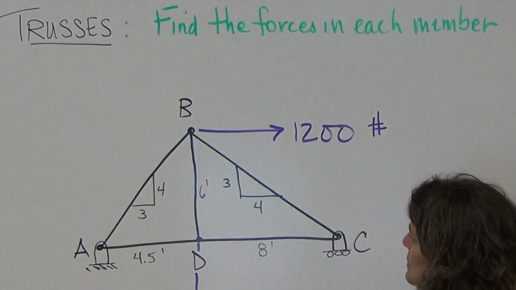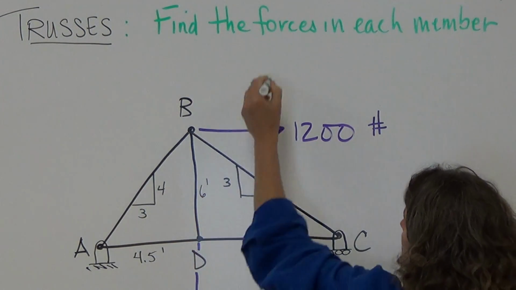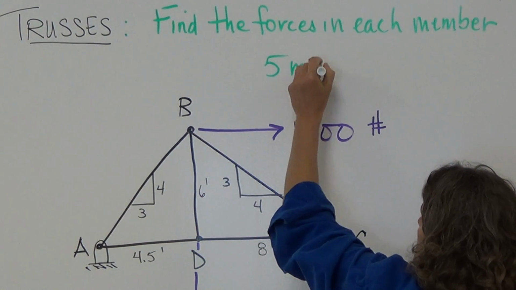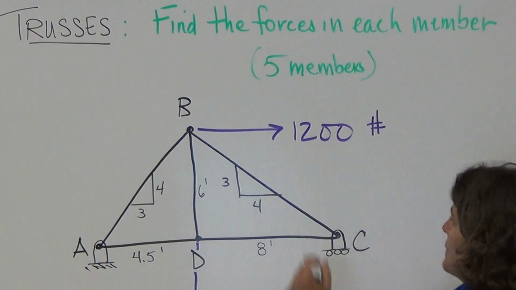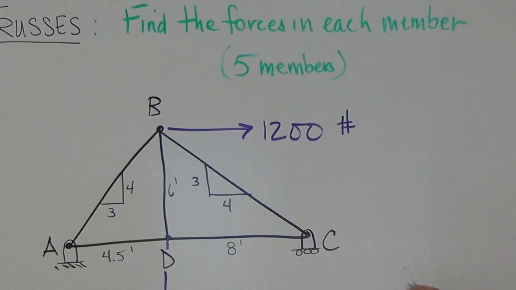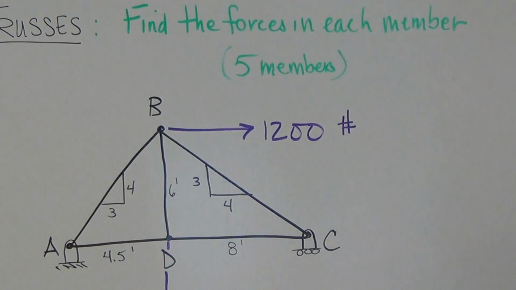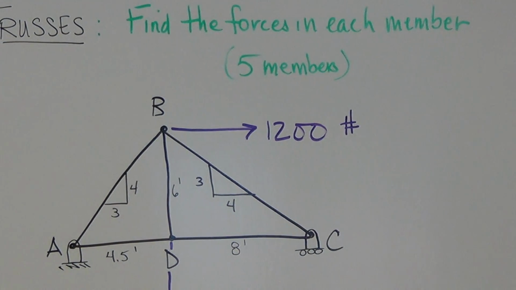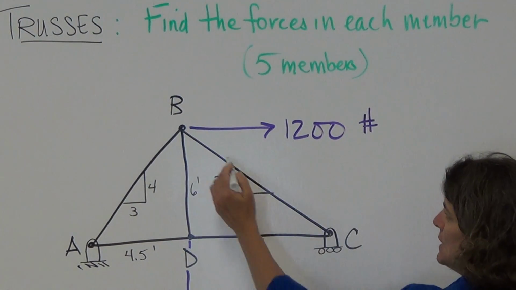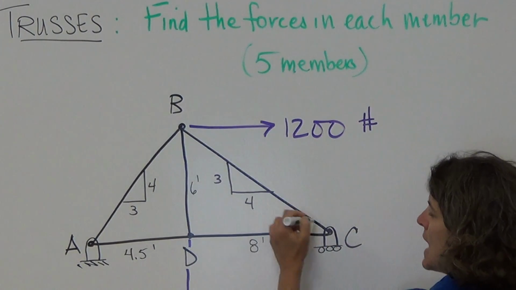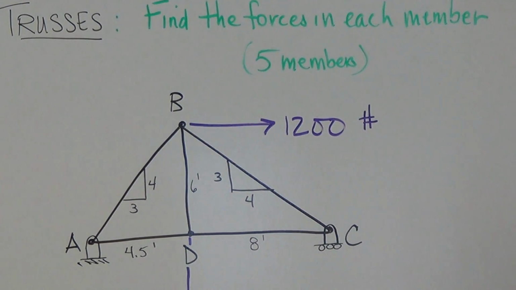And how many members did we say that there are? 1, 2, 3, 4, 5. There are 5 members total. And we learned that these are considered two force members. If there are two force members, that means that the force in each member is axially loaded. It's either a tension or a compression.